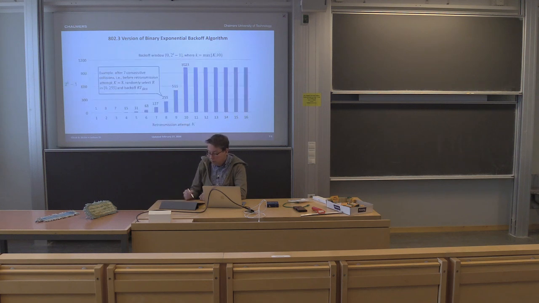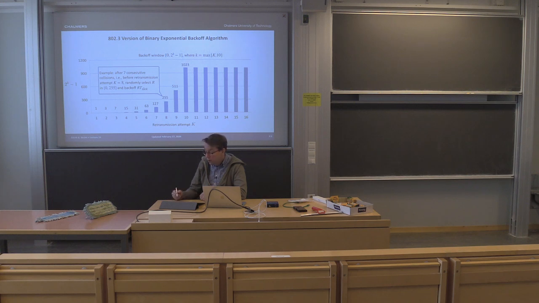So if we look at how the backoff window increases, here we have 2 to the power of k' minus 1, which is the maximum value that R can take on. At the first retransmission, R can take on the value 0 or 1. After the second, it can take on 0, 1, 2, or 3. And now up to 7, 15, 31. And so this exponentially increases until we reach 1023, and then we keep it fixed for the following retransmissions.